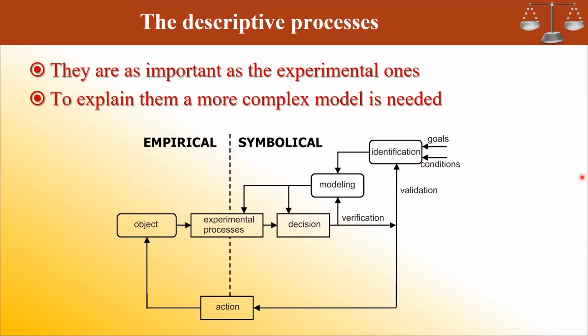And what is this model? Here it is. You see, it has a number of processes that are now shown on the model. For instance, the identification process that identifies the object and the property of the object that we want to measure. It identifies a model for this object and its property. It identifies the experimental processes, most important, their interaction, and so on.